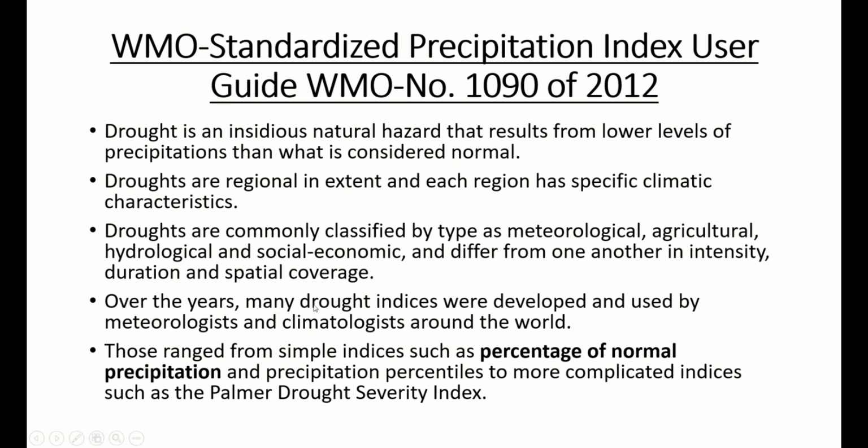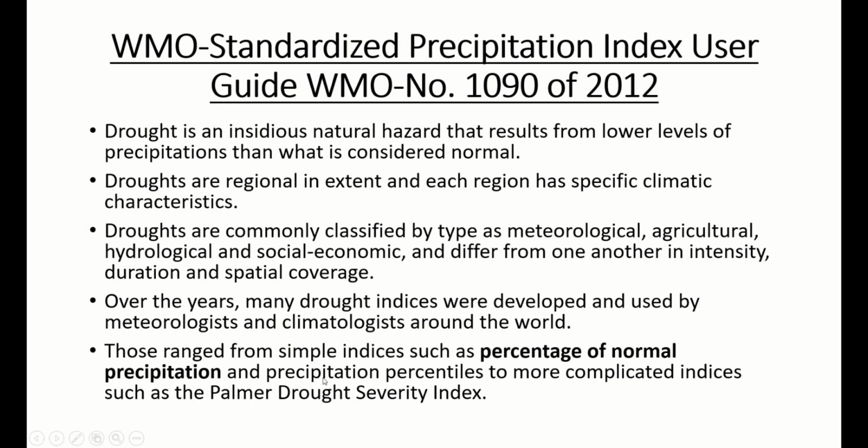Over the years, many drought indices were developed and used by meteorologists and climatologists around the world, such as the percentage of normal precipitation. This is what we call the departure from normal, and we have been using it. All we're doing now is adding to this one. We will be looking at the percentage departure from normal as well as the SPI.